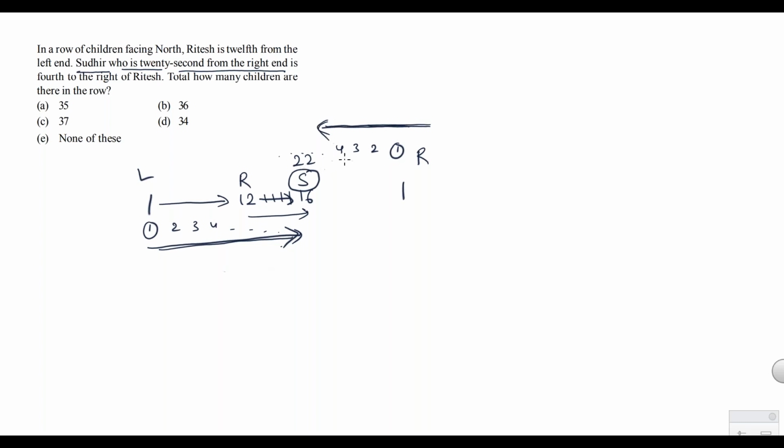Now with the help of this, we need to find how many children are there in the row. We are finding the total number of children in the row. If I have the same person's position from both ends, the first thing we do is 22 plus 16. Now for this we have to take plus 1 or minus 1.